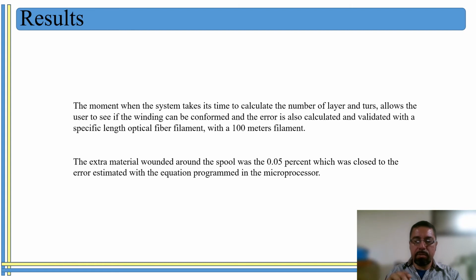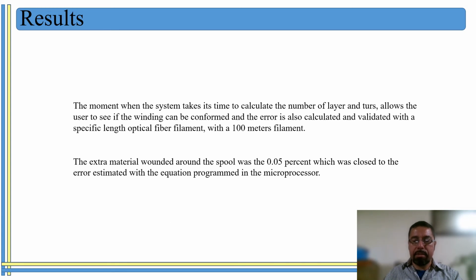And then once you set all these parameters on the human interface using the keyboard, the system takes a moment to calculate the number of turns and the number of layers that are going to be placed on the spool, and it can predict if the design is going to fit on the spool or not. And the system suggests if you reset the parameters or you decide to introduce a smaller project or a bigger project. I mean, it suggests if you have to change the spool for a bigger one.